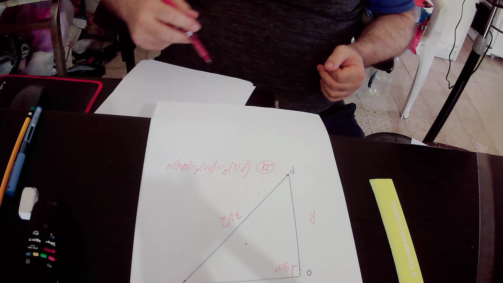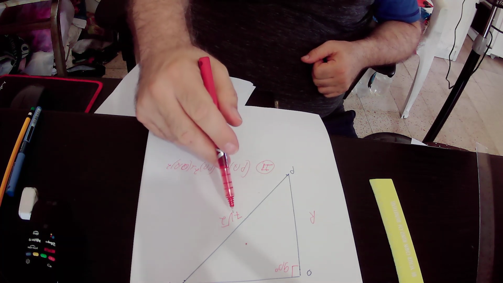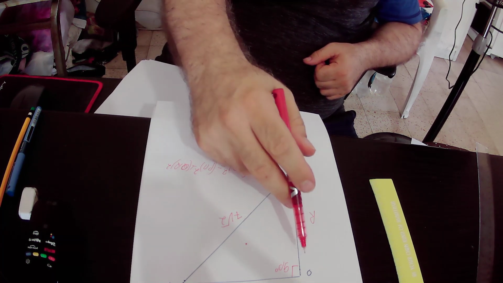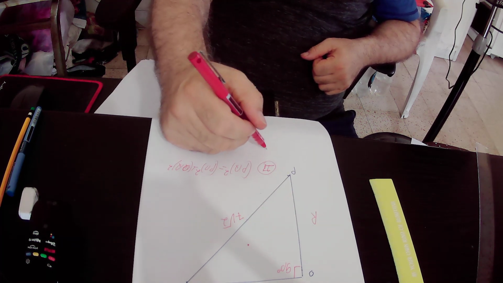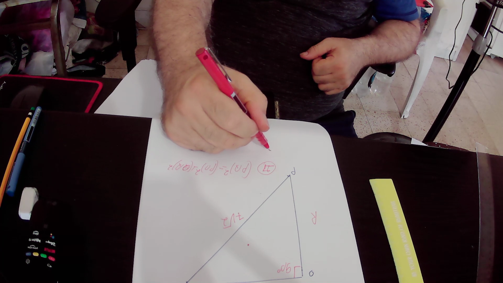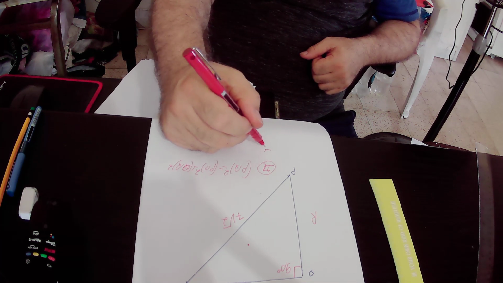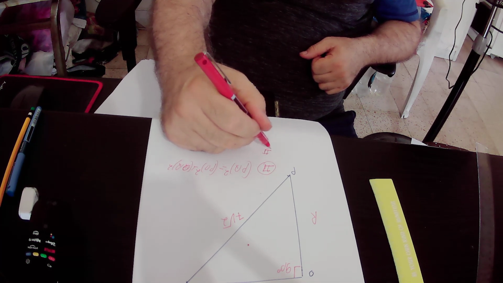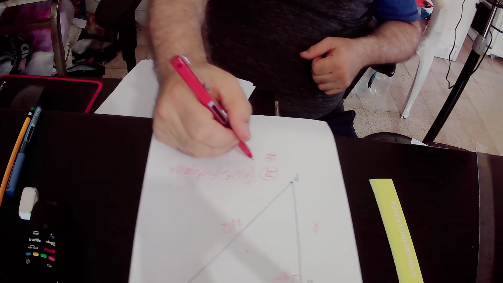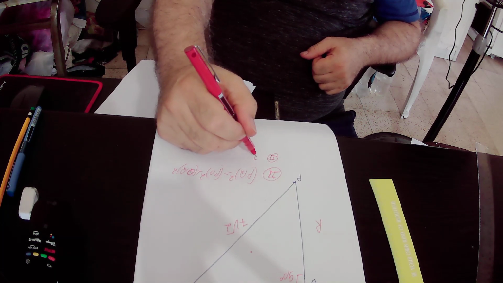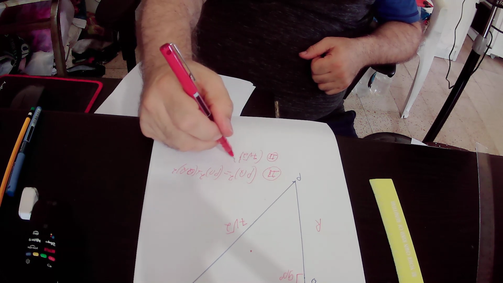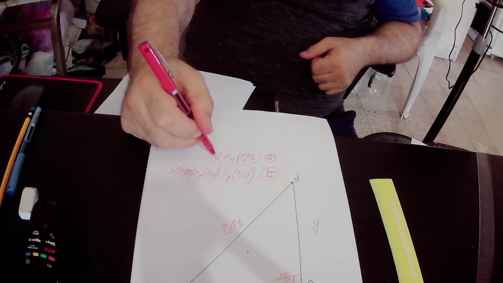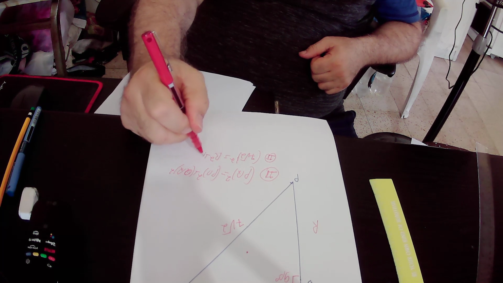But we know that PQ equals 7 times root 2, PO equals R, and OQ equals R, so we can put the data in equation number 2, and we will get that 7 times root 2 square equals R square plus R square.